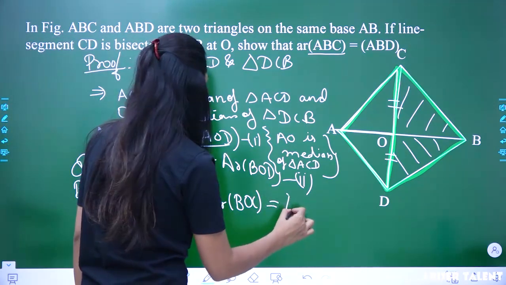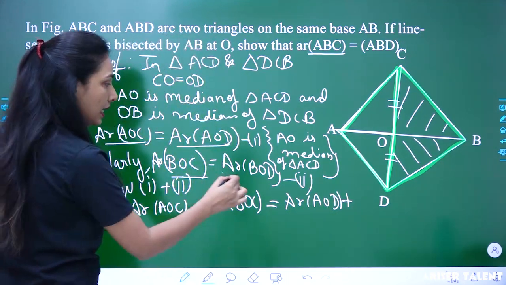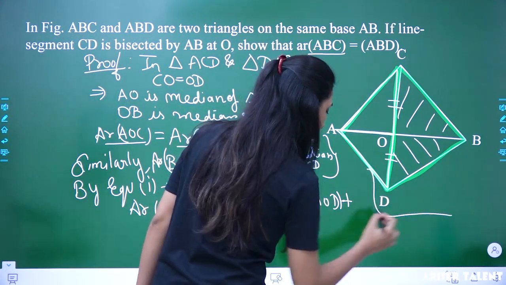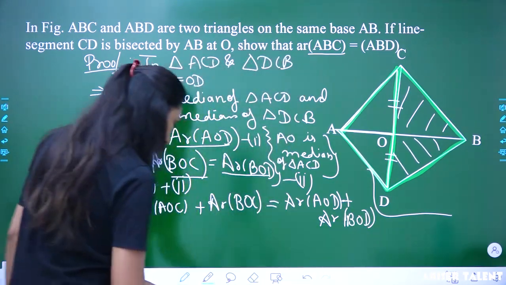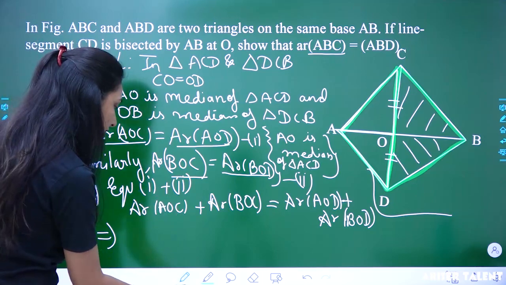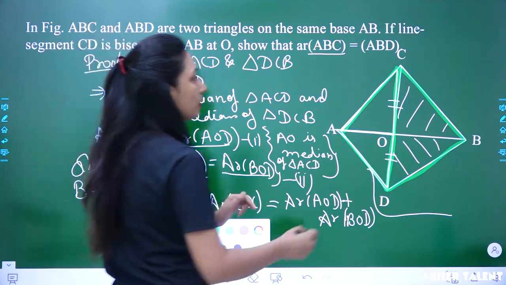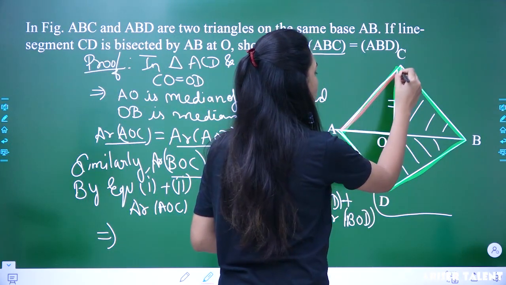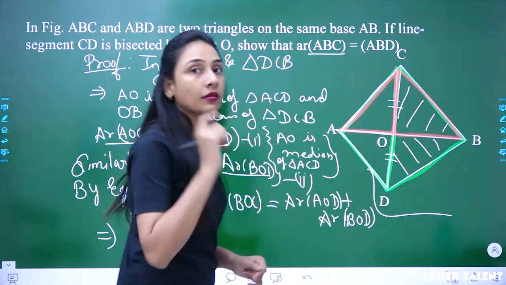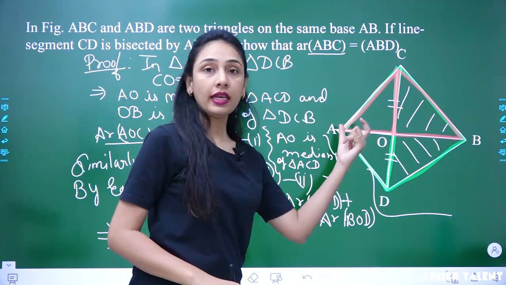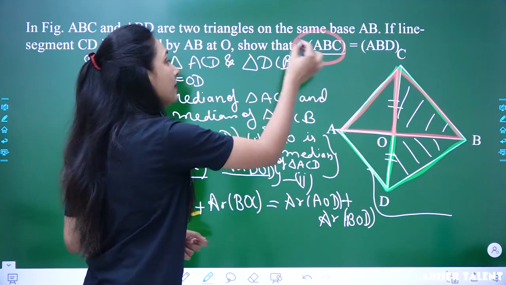Now this is equal to area AOD plus area BOD. Now take a look at what areas these two areas are making. I am showing it in pink color. AOC and BOC, right. These two areas are making this big area ABC.